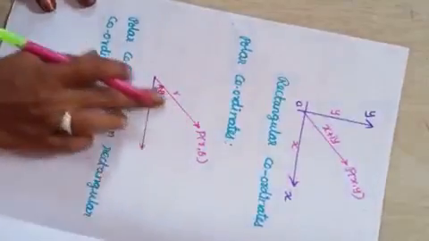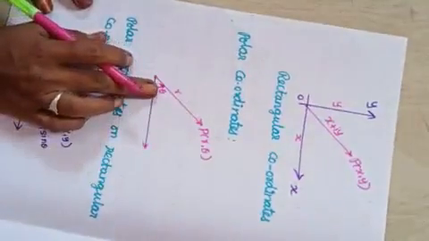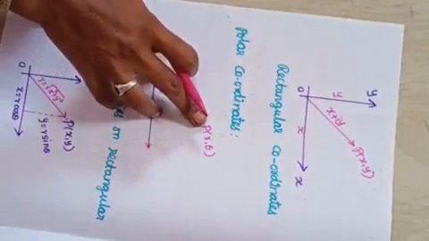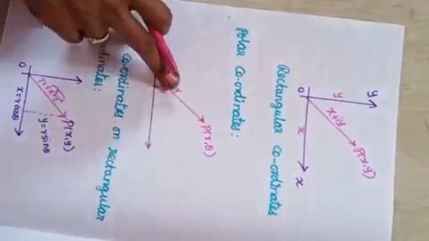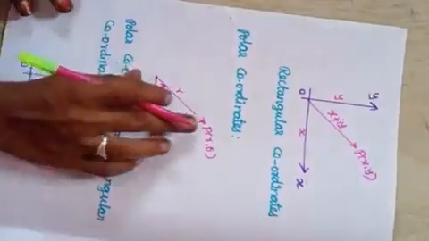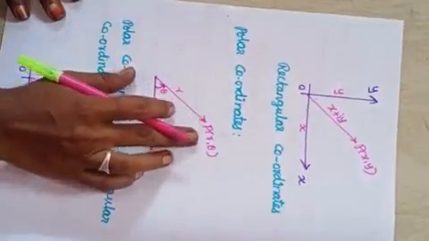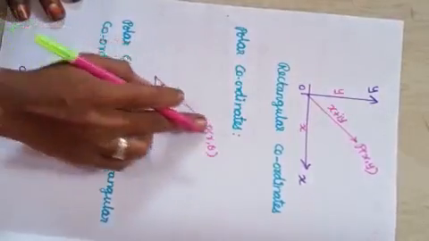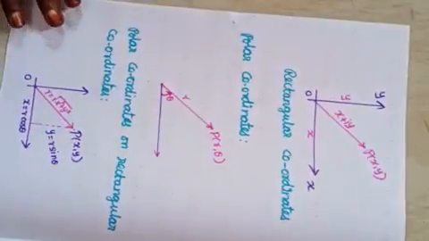That is the initial line. Am I right? So it makes an angle theta and makes a point P. So the distance of P is r. So P of r comma theta. So the polar coordinates diagram exists like this.